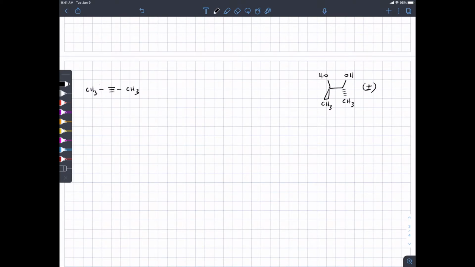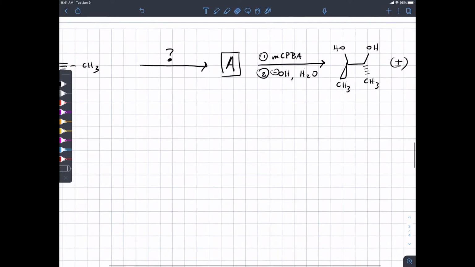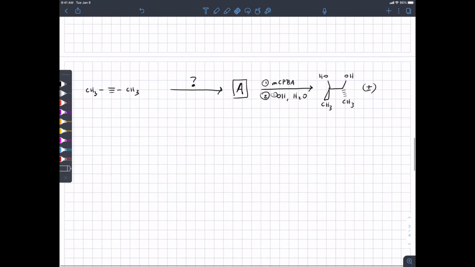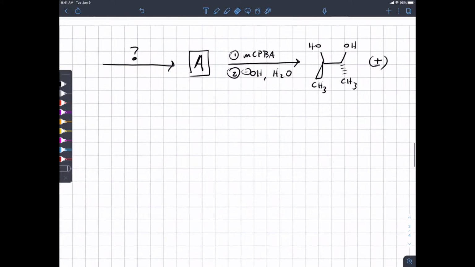All right? And I tell you here that you need to have used MCPBA and hydroxide in a second step to generate this product. And then I'm going to ask you what product A is, our starting material A is, and then I'm going to also ask you what the reagent is to get from the alkyne to A.